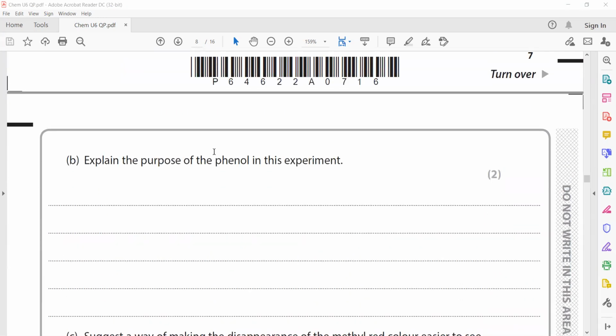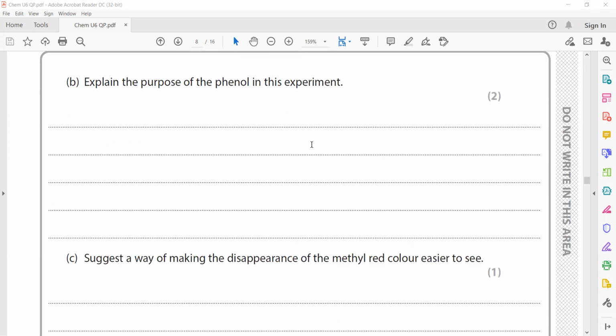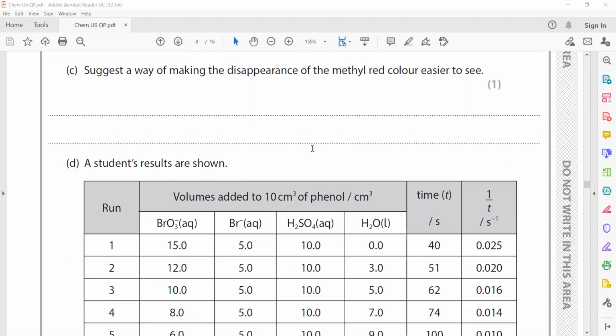Otherwise, what would happen if we did not have phenol? Instantly the bromine produced would decolorize the methyl red indicator, so it would not be accurate, because in a short time it would decolorize the methyl red indicator.